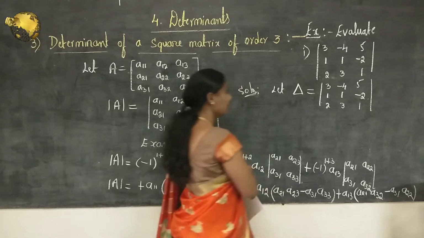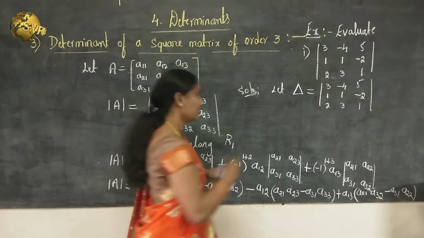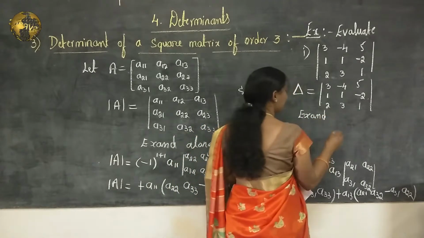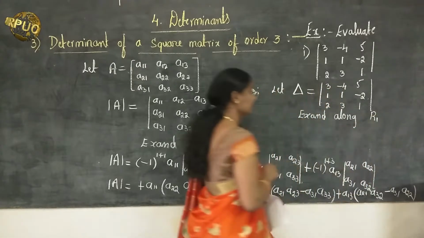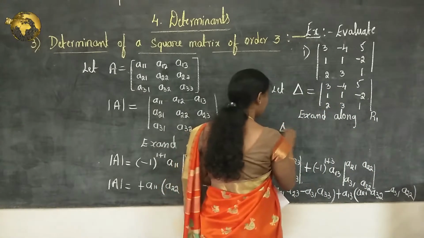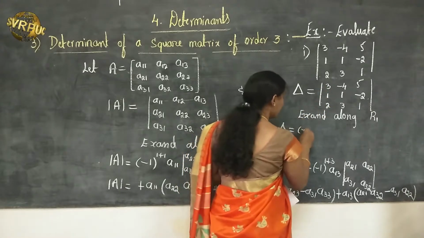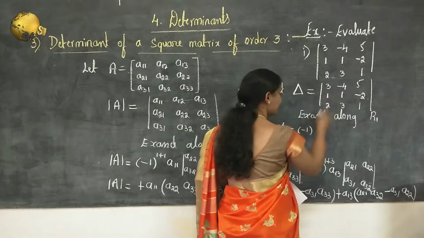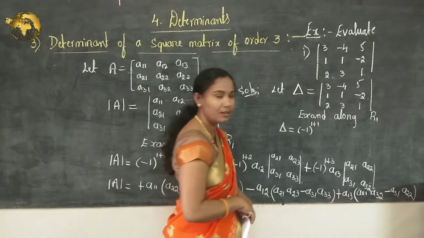So again, I can expand along row 1 or row 2 or row 3. So I use expand along row 1 only. That means delta is equal to, so 3 is the first element, first row, first column, minus 1 to the power of 1 plus 1.